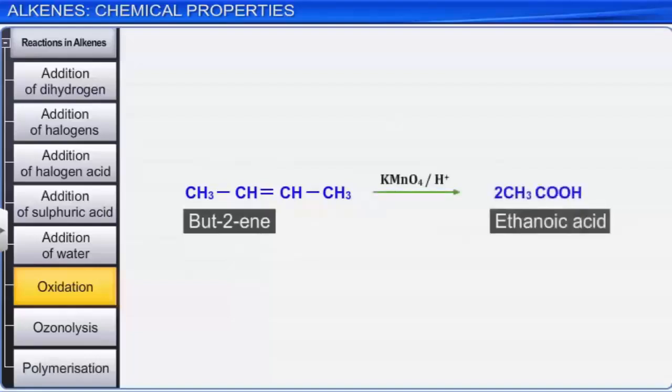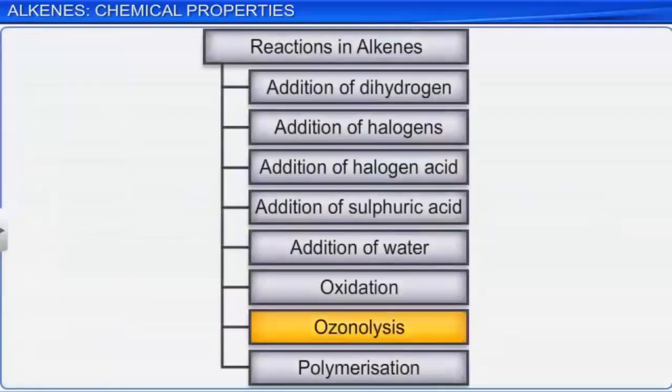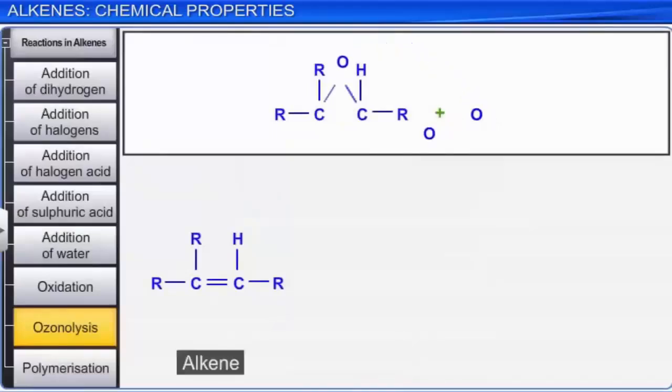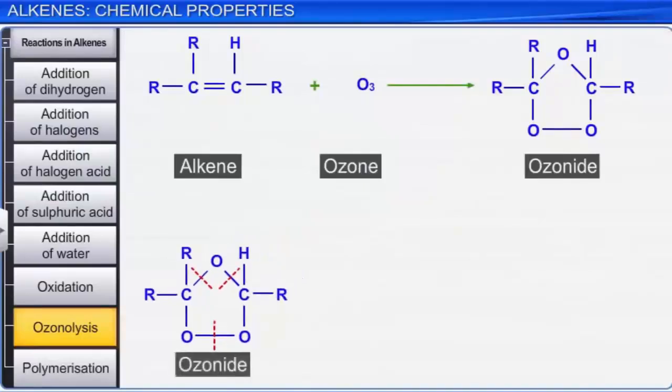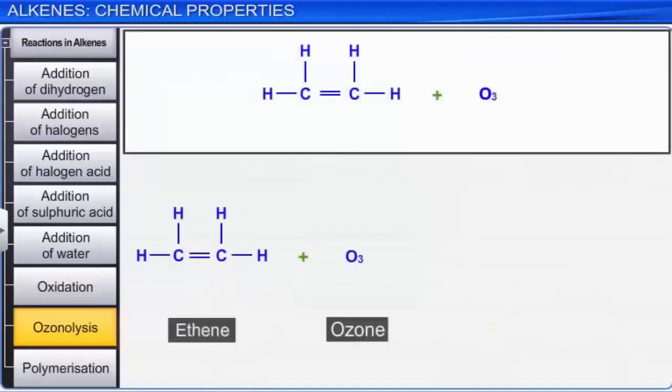Let us now look at the addition of ozone to an alkene, which is also called ozonolysis. Alkenes react with ozone to form ozonides, which on further hydrolysis in the presence of zinc form either aldehydes or ketones or both. For example, in this reaction, the ozone molecule is added across the double bond in ethene to give ethene ozonide.